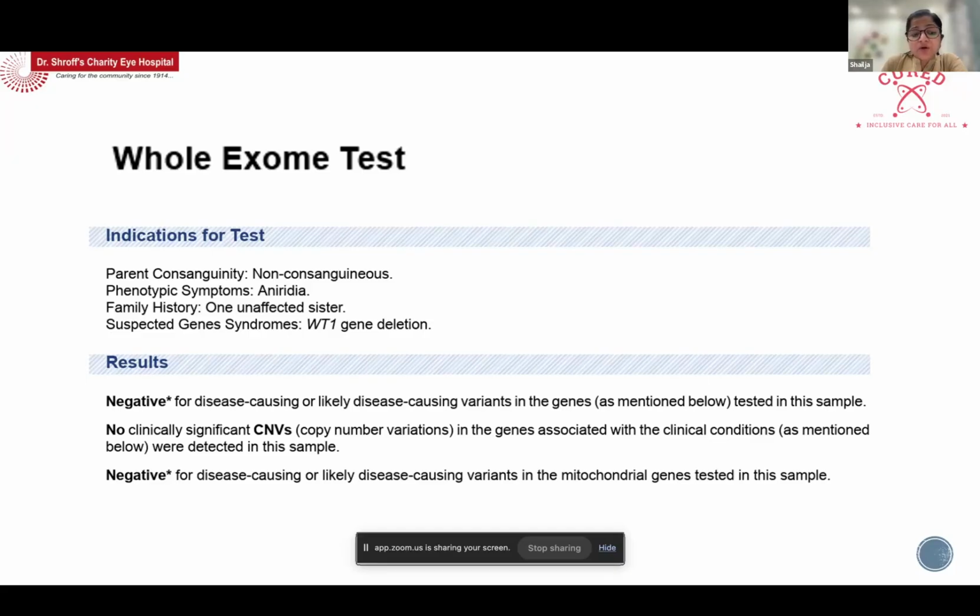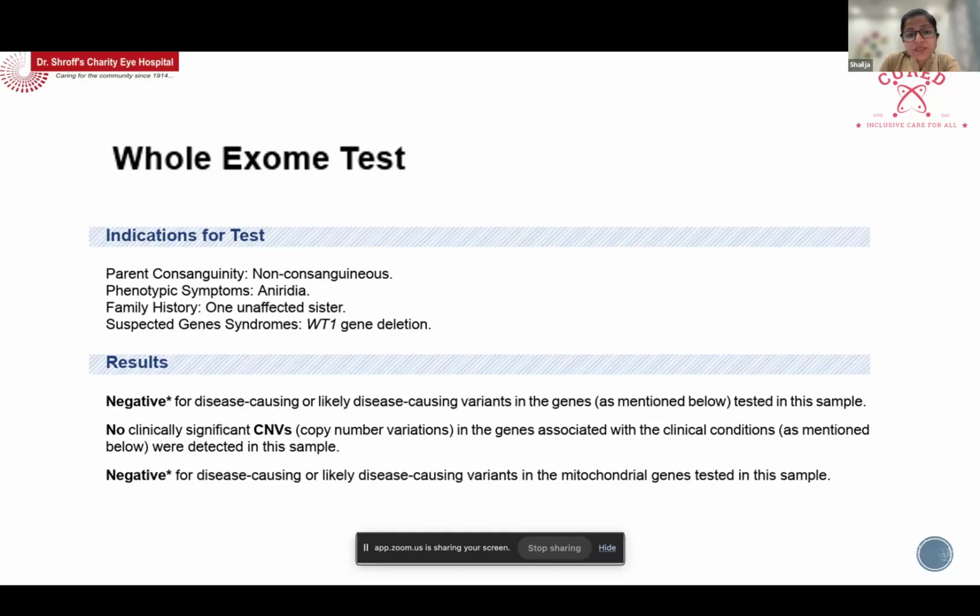You also see that it says negative in the genes for aniridia. At the same time, it said no clinically significant copy number variations. Copy number variations usually are deletions and duplications. And as mentioned in the previous slide, we were looking for a deletion of the WT1 gene along with the PAX6 gene. So these were all negative in this whole exome sequencing.